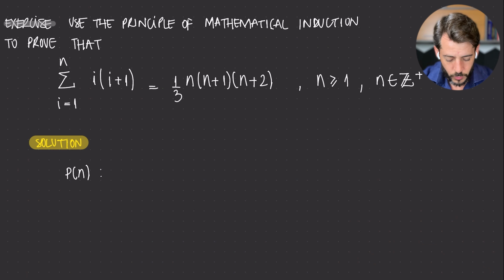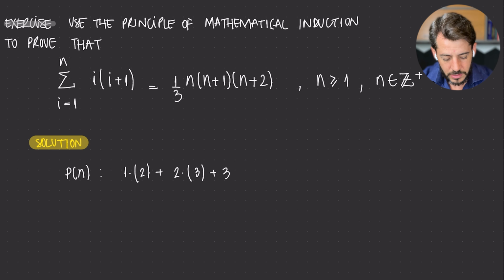So the first thing we need to do is to write the propositional function by replacing i between 1 and n. So replacing i by 1, by 2, and then ultimately by n on the left hand side of this equation. We have 1 times (1 plus 1) plus 2 times (2 plus 1) plus 3 times (3 plus 1), all the way up to n times (n plus 1).